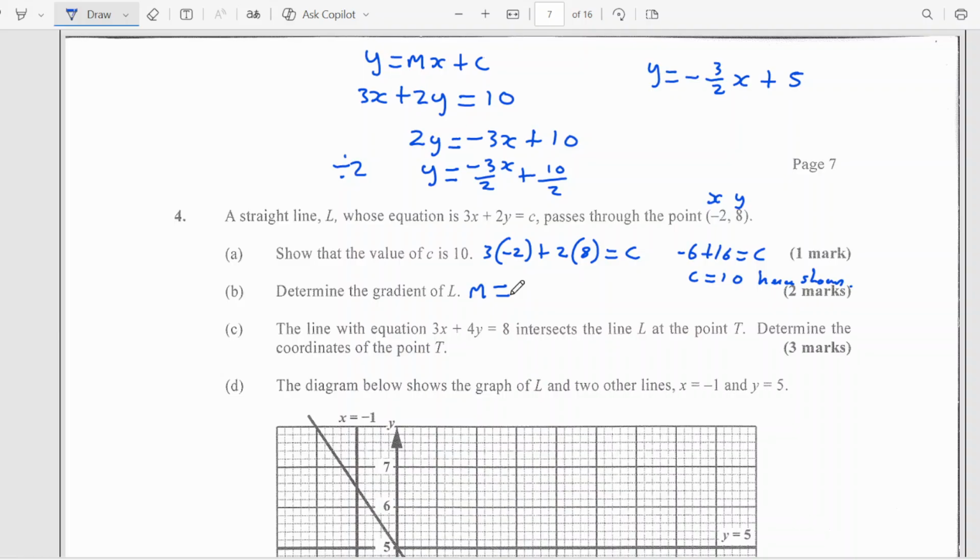Negative 3 over 2. The gradient, look, y is equal to mx plus c. M is your gradient, c is your y-intercept, right? So look at this and look at this. Are you seeing that this is m? Right, so the gradient is negative 3 over 2.